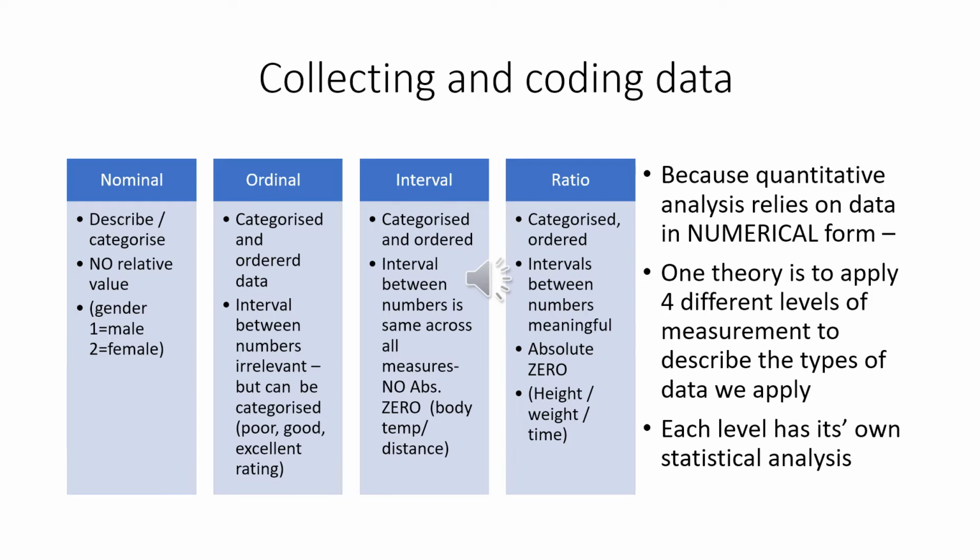Ordinal data, for example, is there to give you a bit more of a category, where one person might describe their health as poor, one might describe their health as reasonable, one might describe their health as good, one might describe their health as excellent. There's some sort of relationship between those data.